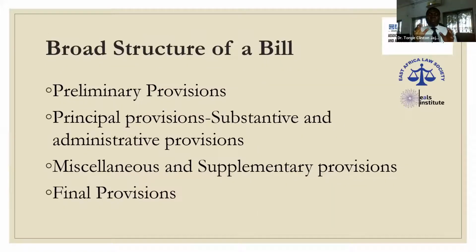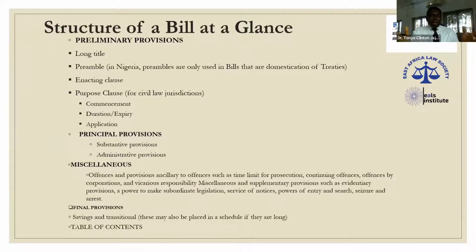Now, these are the 4 main parts of every bill. Every bill has 4 major parts: preliminary provisions, principal provisions, miscellaneous provisions, and the final provisions. Now, these are the subdivisions of those parts.